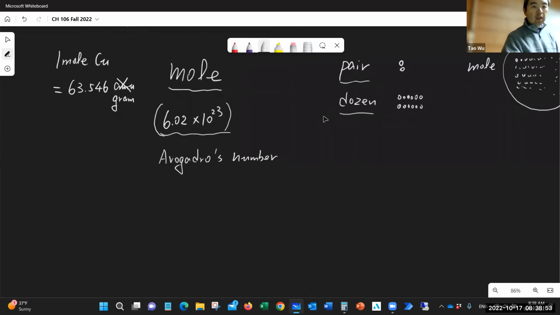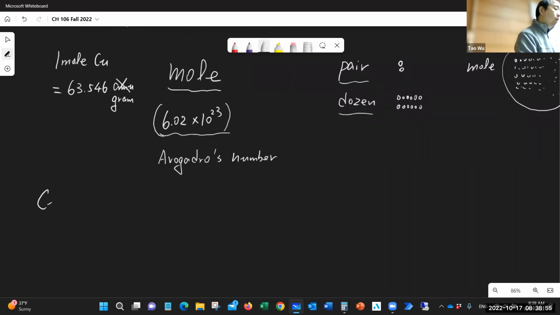Let me just write down over here. For the copper, if we have 1 molecule or 1 copper atom, that's 63.546 AMU.